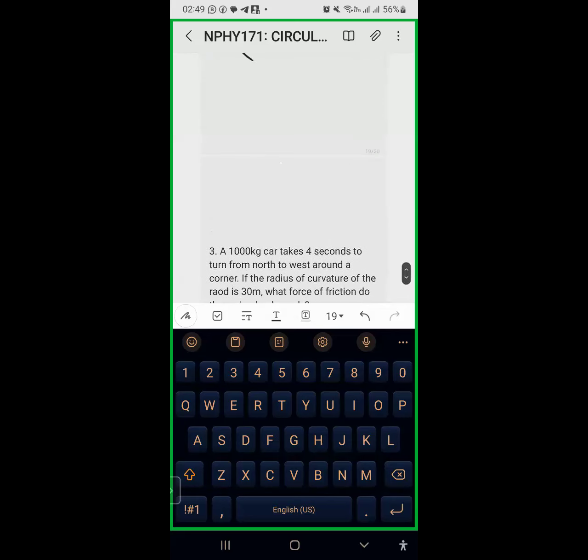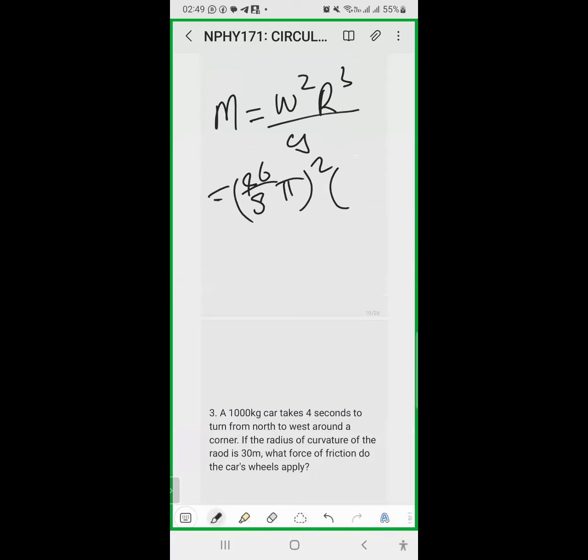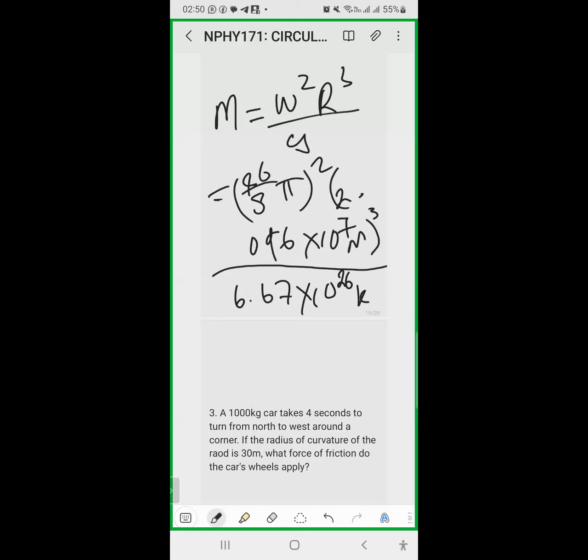When we convert 20,960 kilometers to meters, its value is 2.096 times 10 to the power 7 meters, and this is cubed. And then you're going to divide this by G, which is the gravitational constant, and it has a value of 6.67 times 10 to the power of negative 11.